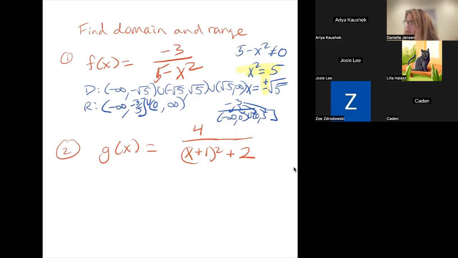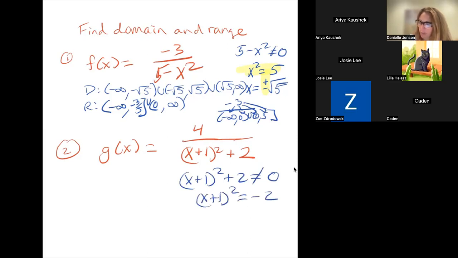All right. So for 2, again, I see that the denominator can't be 0. Can the denominator in this case ever be 0? No, it's never going to be 0, so that means the domain is everything.